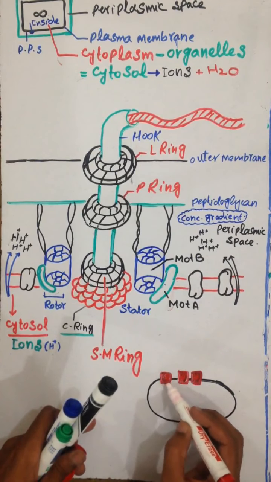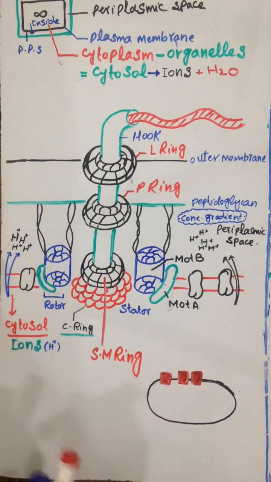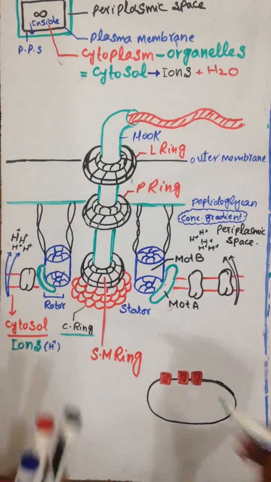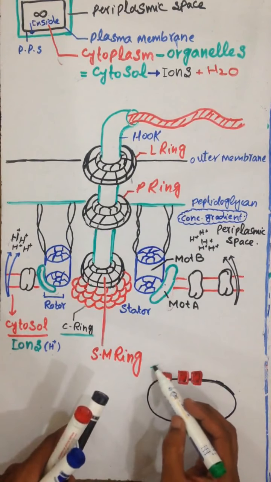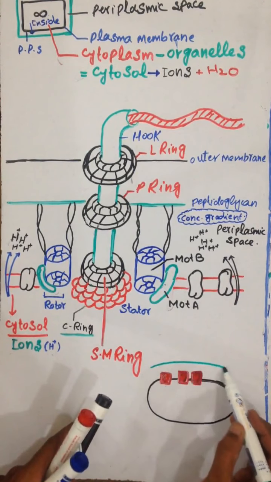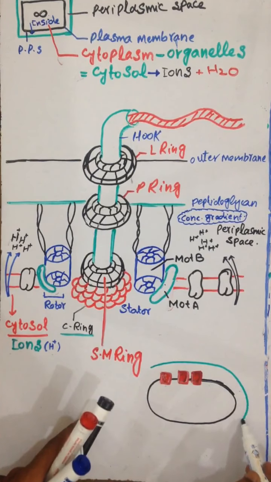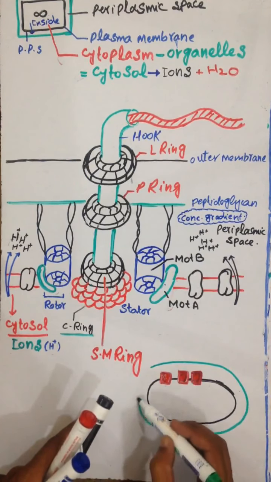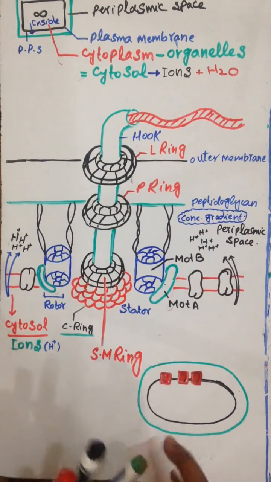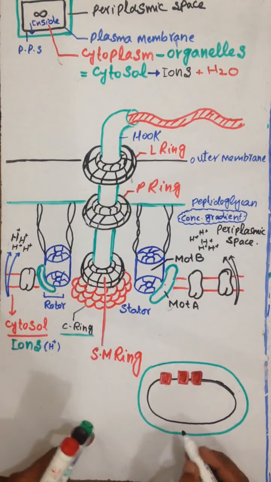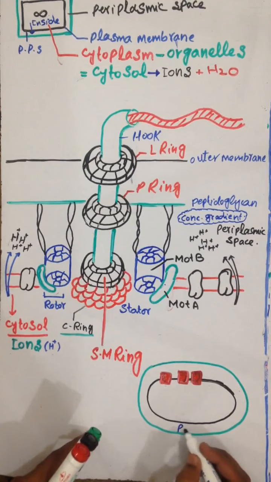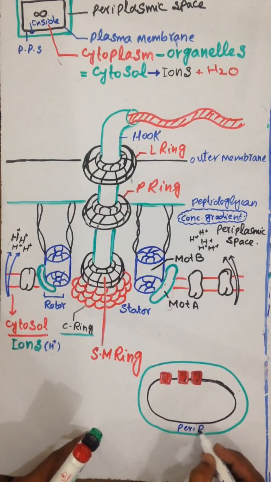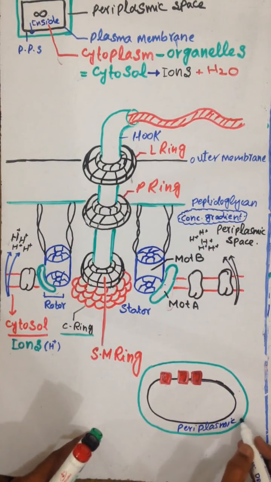You have to tell me two main functions. That is up to you, whatever cell you are taking. And this is peptidoglycan, and this space is called the periplasmic space.